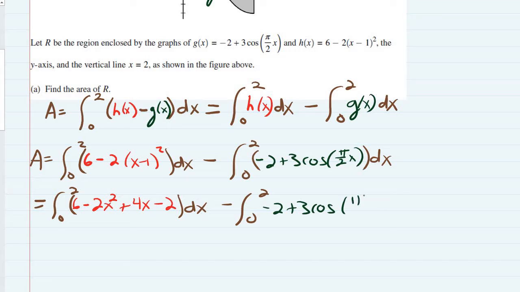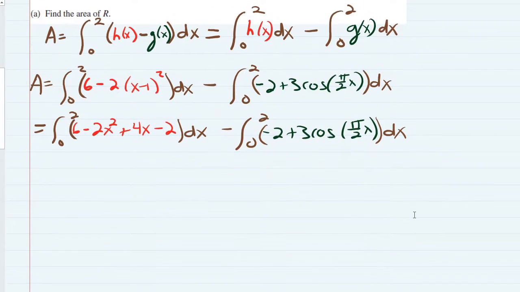Now we're going to take the antiderivative of both of these and then evaluate using the fundamental theorem of calculus. On the first one, we combine the 6 minus 2 into one term.